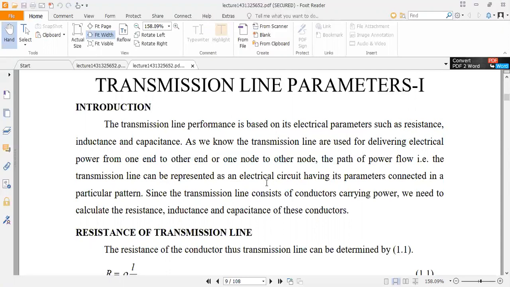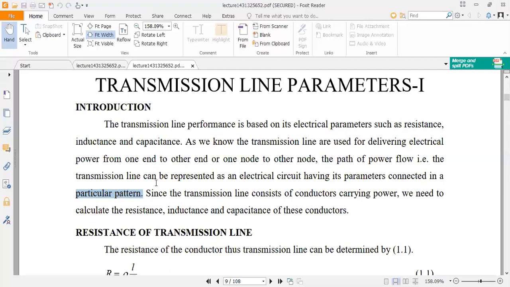Transmission line can be represented by an electrical circuit having different parameters connected in a particular manner. These parameters are the resistance, inductance and capacitance, and they are uniformly distributed.